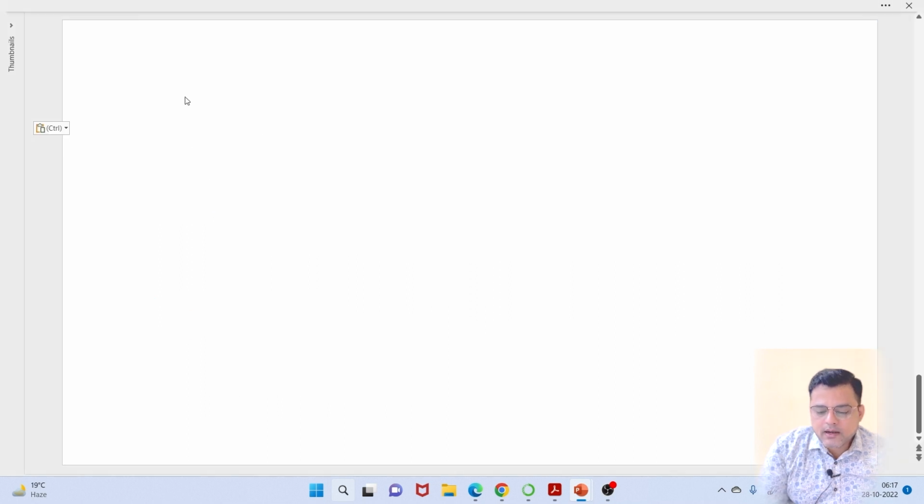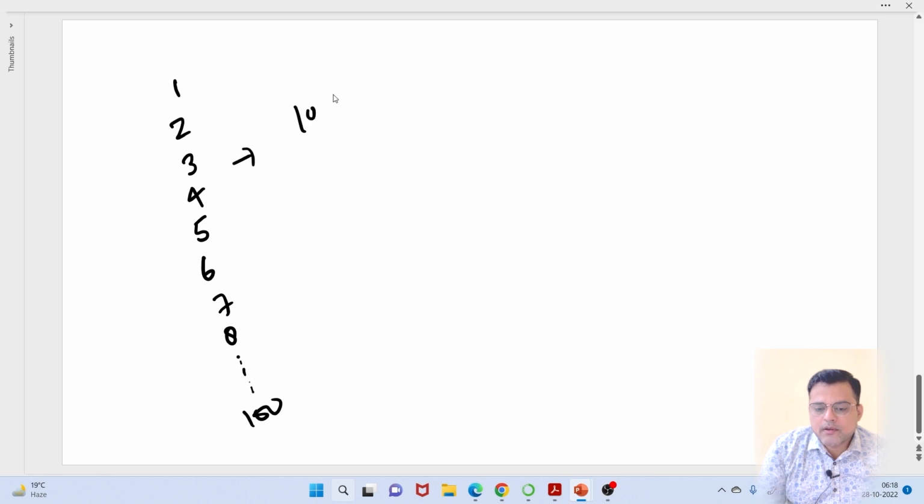Let's say that I have a deck of 100 cards, and I want to pull 10 cards out of it at random, which is random sampling. Now let's say I have pulled a card with number 3.